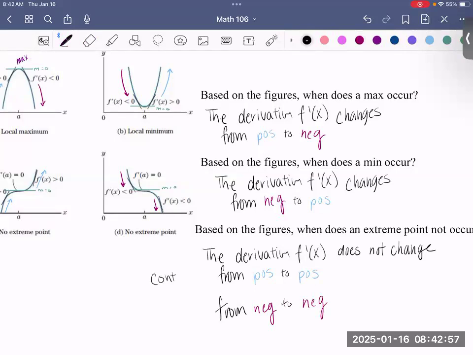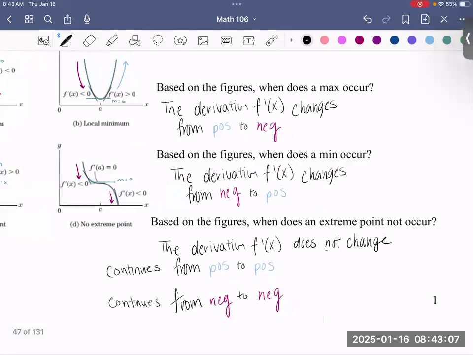So it continues from positive to positive, or from a negative to a negative. So there is no change in direction.